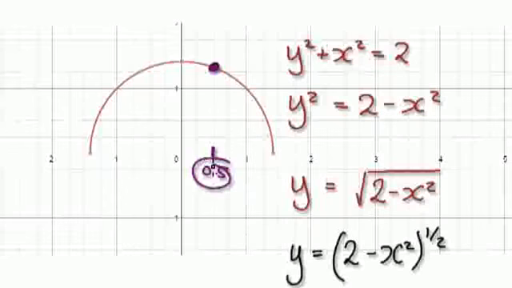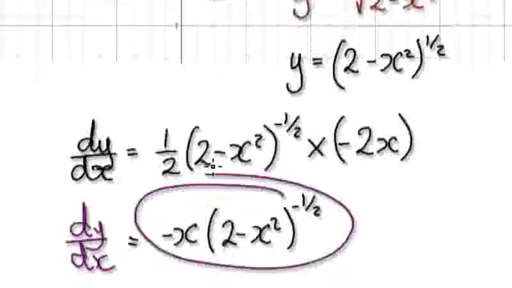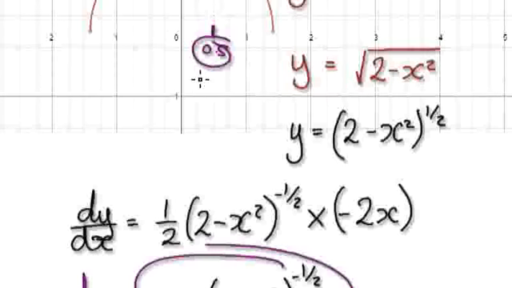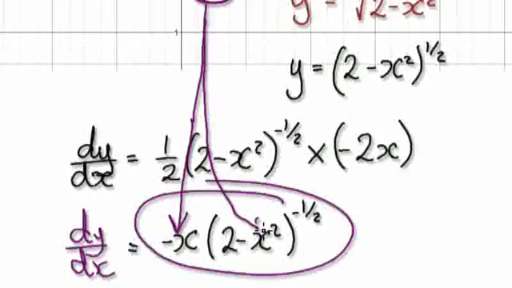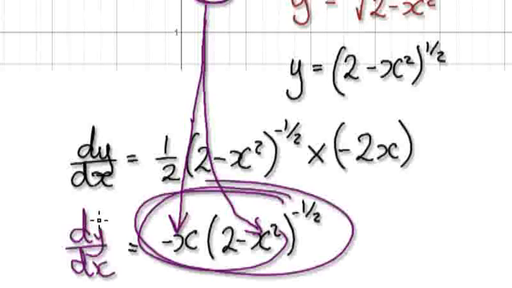So you would put 0.5 into here, and then into here as well, and that would give you your gradient at that point.